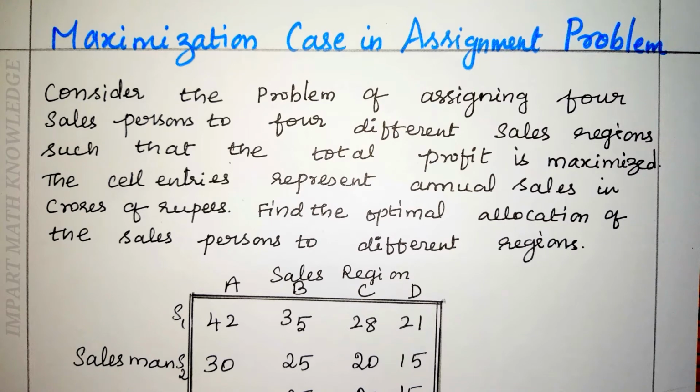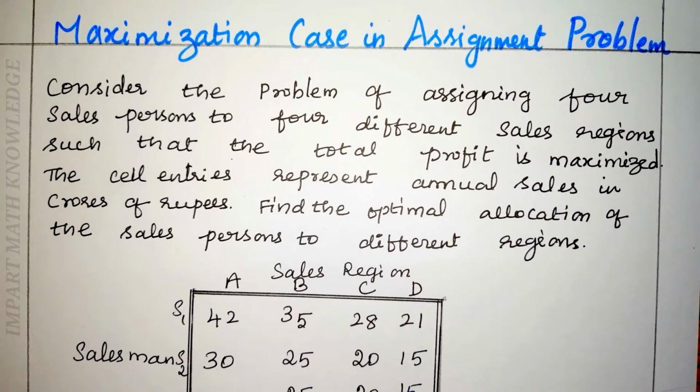To deal with these kinds of problems, we have to convert the maximization problem into an equivalent minimization problem by subtracting all the elements from the highest cost. After converting, we can apply the Hungarian algorithm to get the optimum assignment schedule.